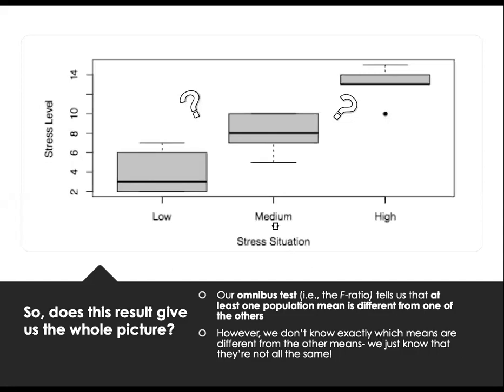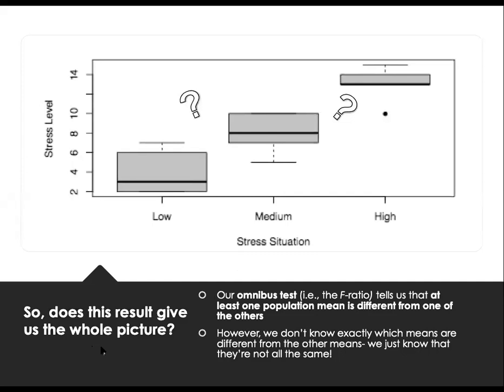So, does this result give us the whole picture? Remember, way at the beginning of this lecture, that is now quite long, our omnibus test, which is another way of saying our F ratio or F value, all it tells us, now that we've rejected the null hypothesis, is that at least one population mean is different from one of the others.